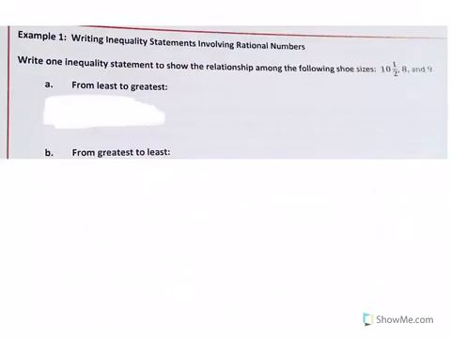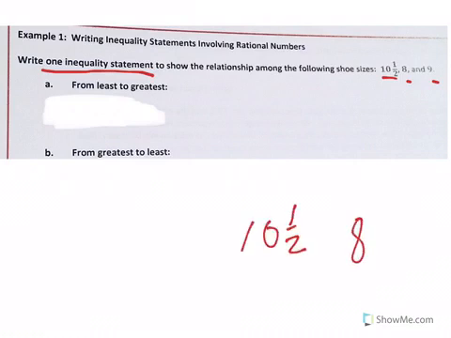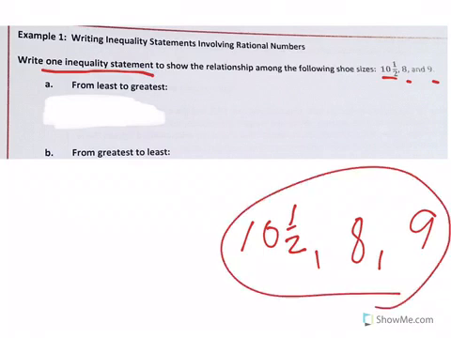All right, let's look at another example here. It gives us 3 numbers, 10.5, 8, and 9. And it wants us to write one inequality statement to show the relationship among these different shoe sizes. So we have 10.5, we have 8, and we have 9. It's wanting one statement, meaning that includes all 3 numbers. So we can't just say 10.5 is larger than 8.